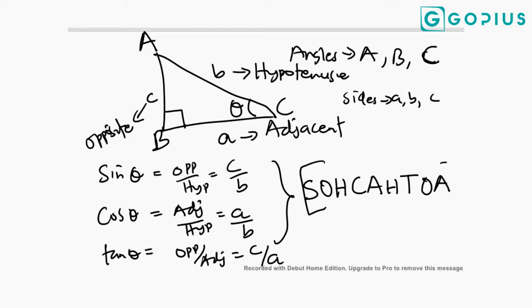So we have SOHCAHTOA. SOHCAHTOA gives us the simple definition for the three basic trigonometric ratios: sine is opposite over hypotenuse, cosine is adjacent over hypotenuse, and tan is opposite over adjacent. Those are the three basic trigonometric ratios.